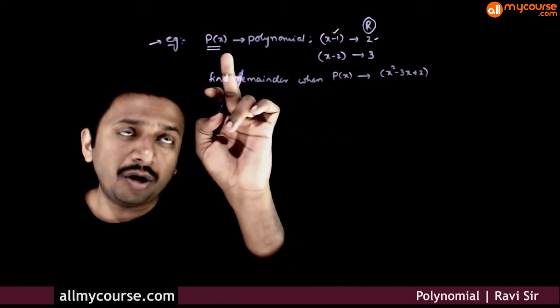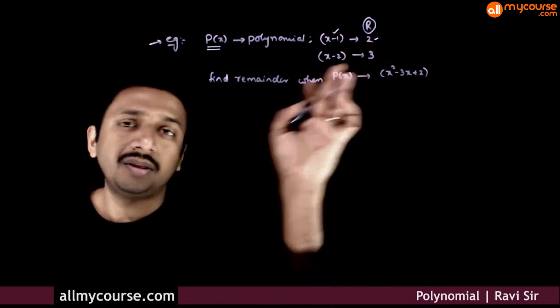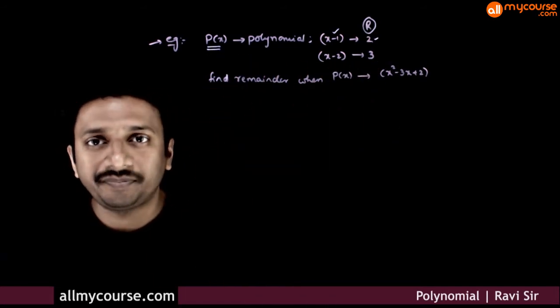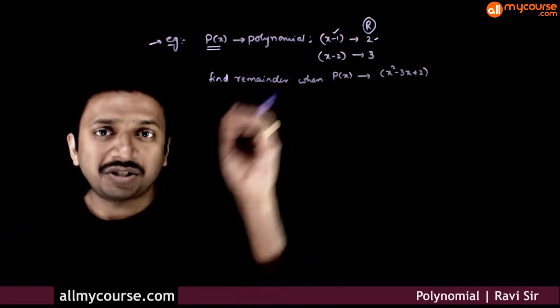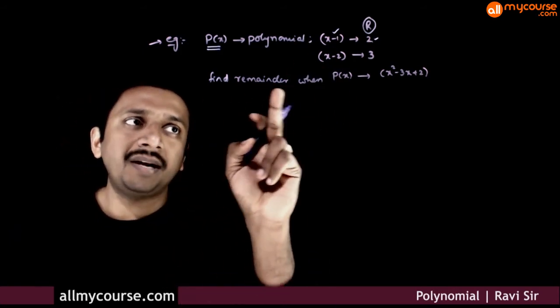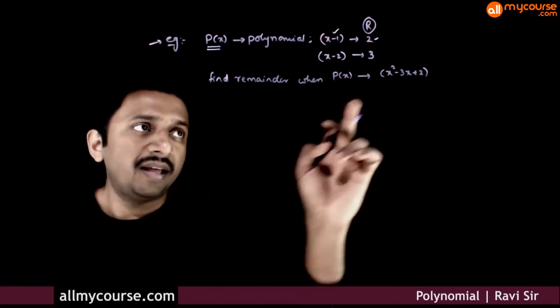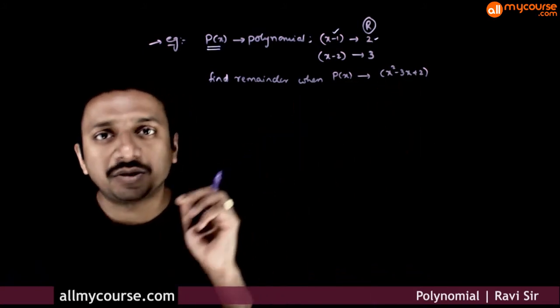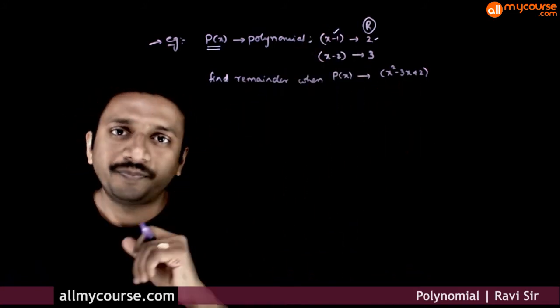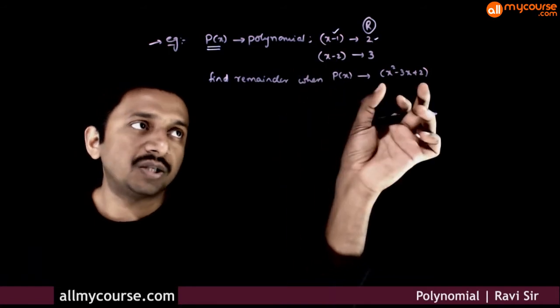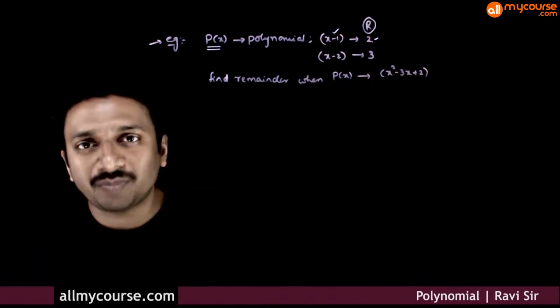And when p of x is divided by x minus 2, the remainder is 3. So if this information is known, find the remainder when p of x is divided by x square minus 3x plus 2. That is the product of these two. x minus 1 into x minus 2 is x square minus 3x plus 2.